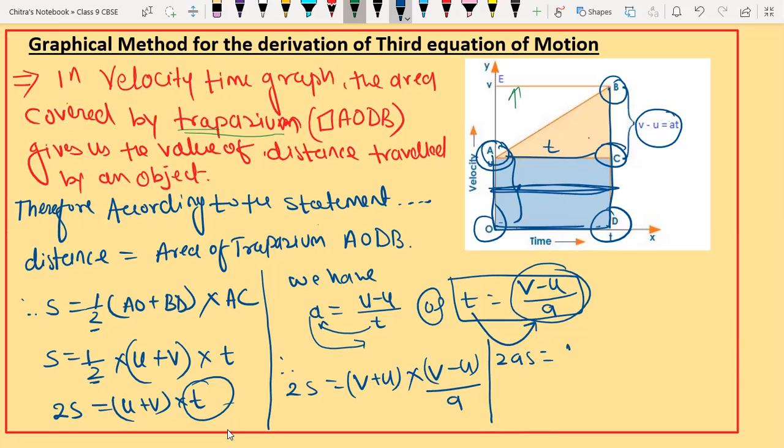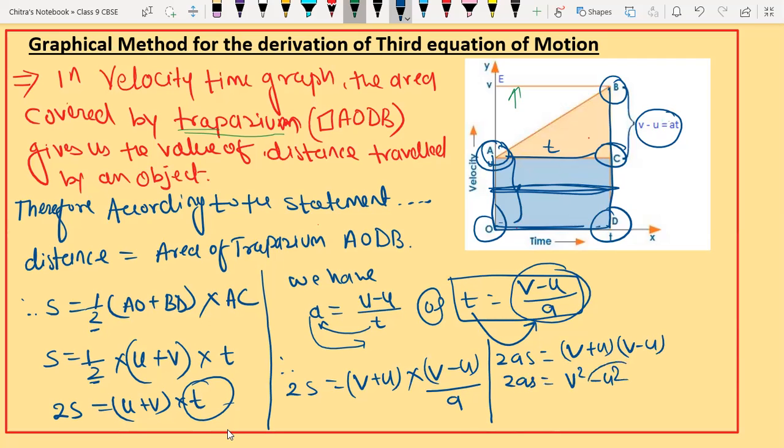So what is V plus U into V minus U? V square minus U square. So it will become 2AS equals to V square minus U square.